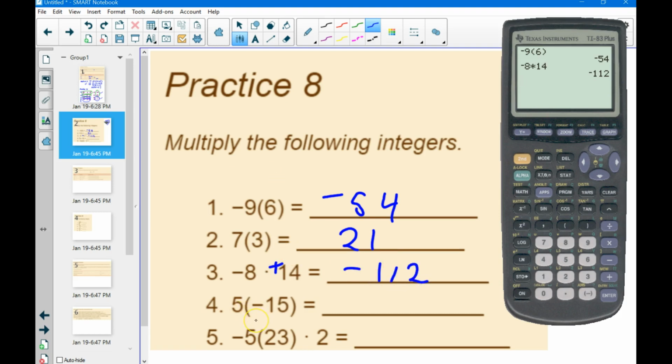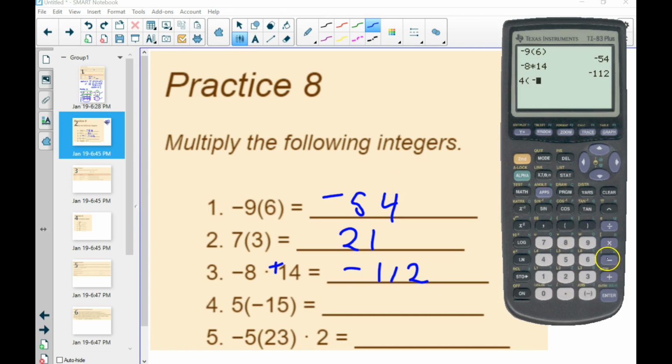The next one we have -15 in brackets, so we can still use it over here. We can still go 4 brackets. Remember, we use this negative down here, and this one here. Now you can see the difference in the screen, what it looks like. Do not use the blue one, we use the one down here.